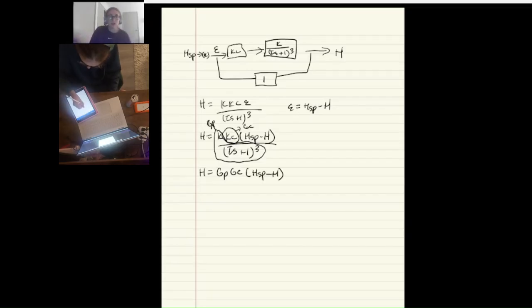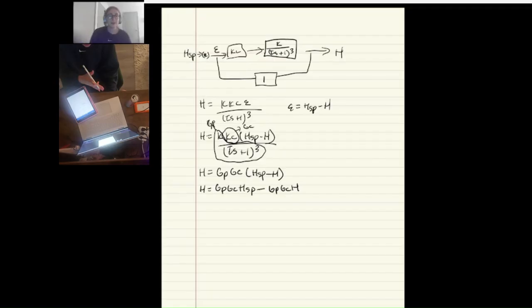And now we're going to solve for our height. So one side is going to be our height. So we're going to multiply out our Gp and our Gc.